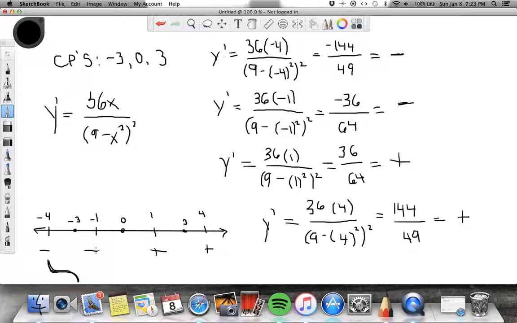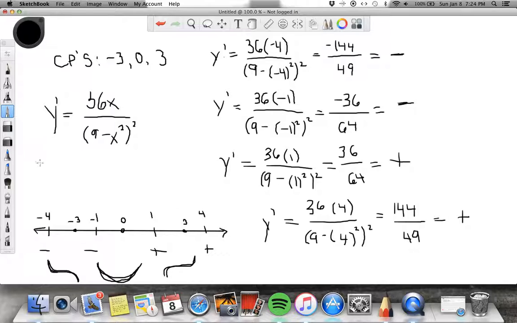And then here we change from a negative slope to a positive slope because this has a positive number. And then since it's a positive to a positive, the slope will continue to increase.